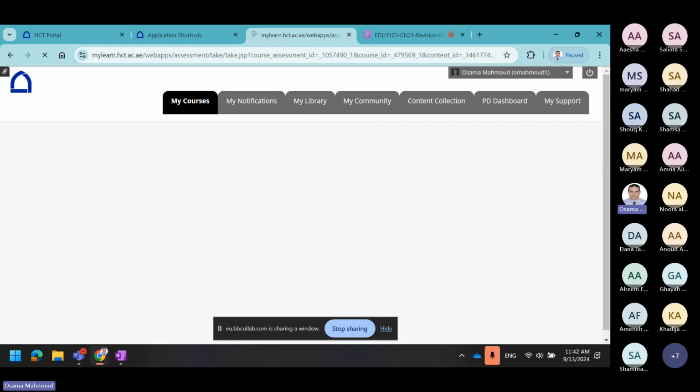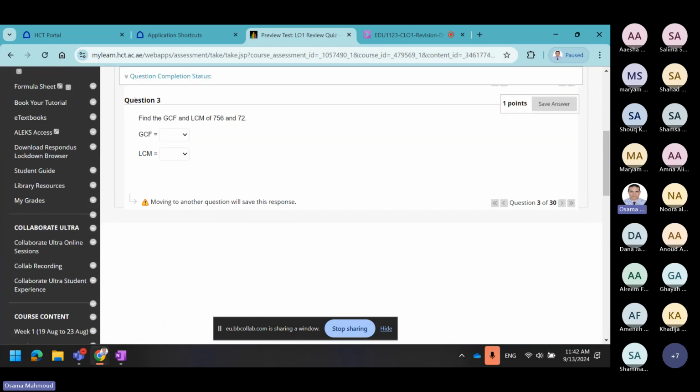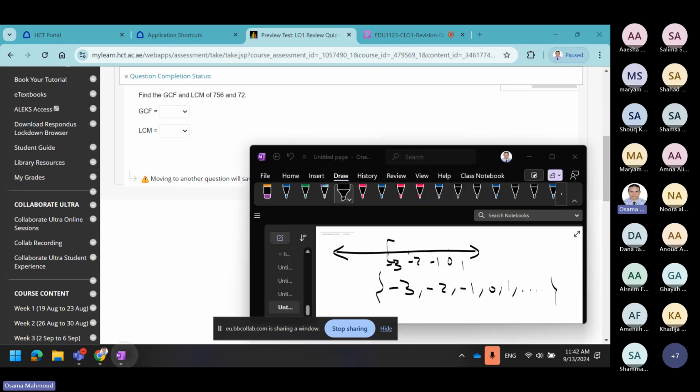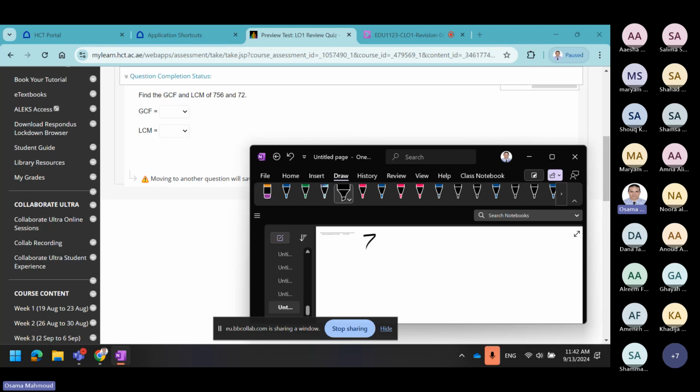Now I'll go for the third question. How to find the greatest common factor? I think now you can do it yourself. You take 765 and make it. This is the easy way. It is not even, but it is divisible by 3 because the sum of the digits 7 plus 6 is 13, plus 5 is 18. 18 is divisible by 3, so I can divide it by 3.